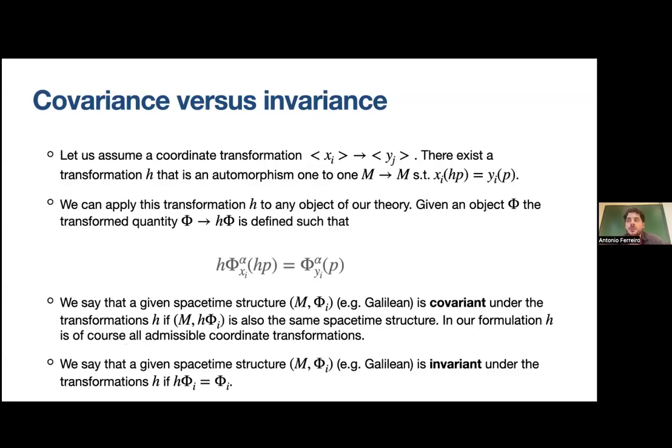Now, since we have written the different space-time theories in terms of coordinate-independent structures, then of course, in this formulation at least, it is true that H can be any admissible coordinate transformation.